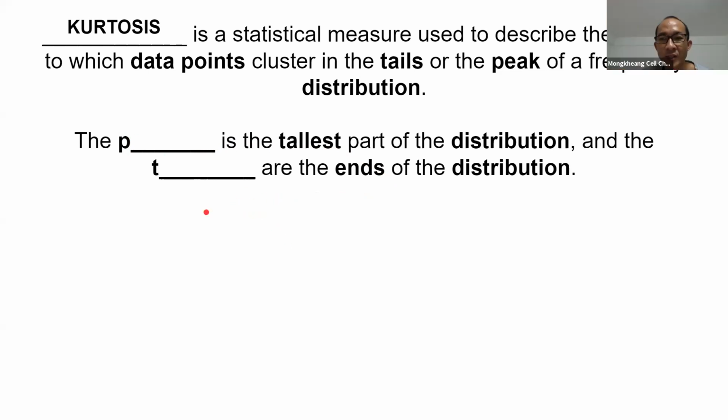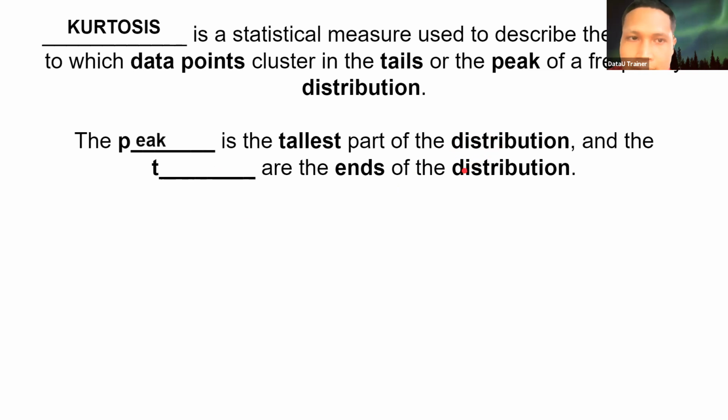So whether it is tails or peak, is that correct? Yes. But when we're talking about kurtosis, we're talking about two things. One is, you said it, peak. And what is the other part? Tails. Yes, tails, correct. So the distribution of those two points.